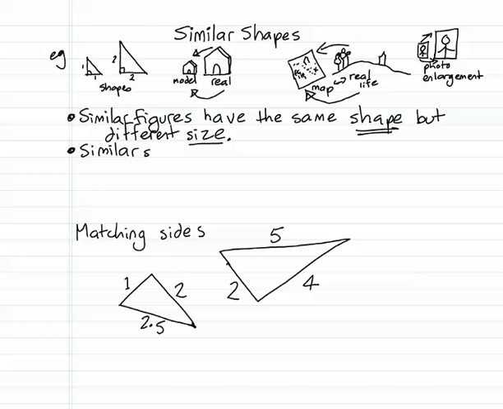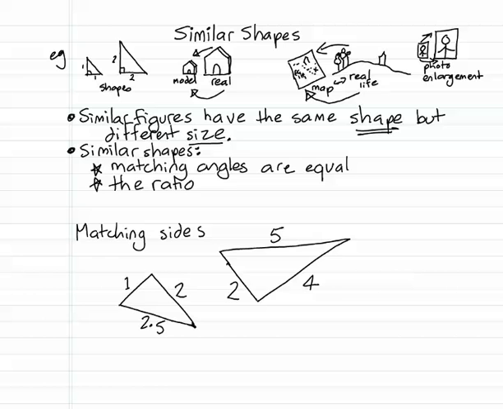there's two things: matching angles are equal, and the ratios of matching sides are equal.